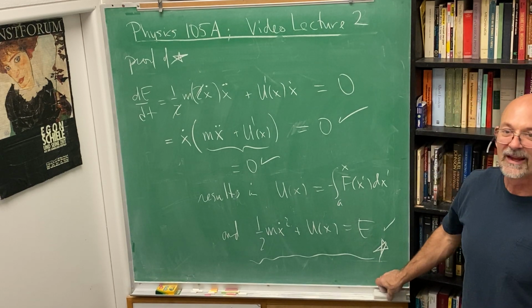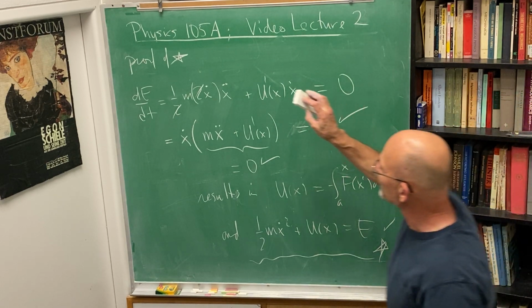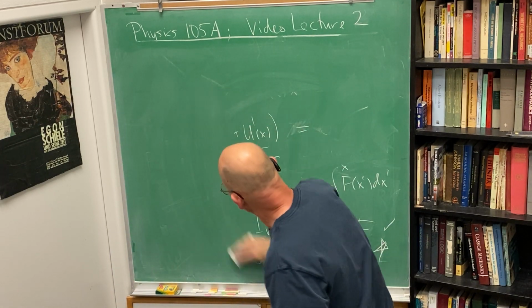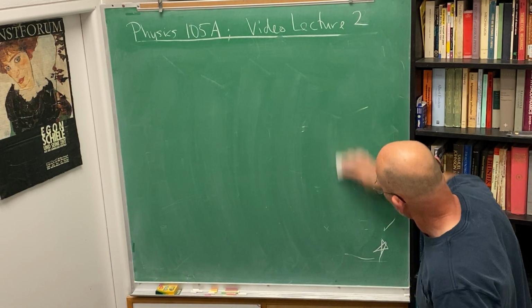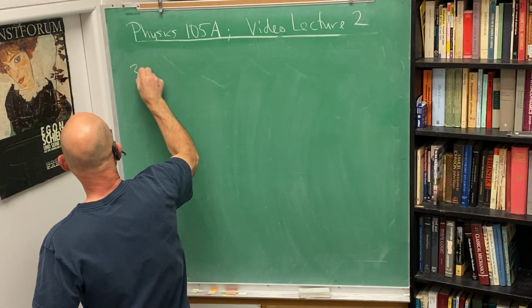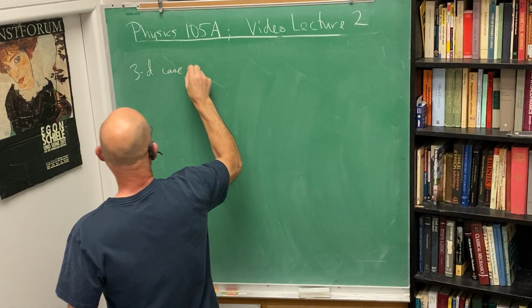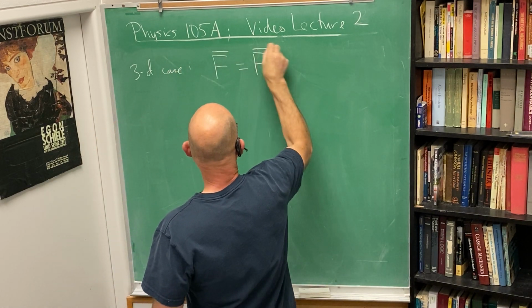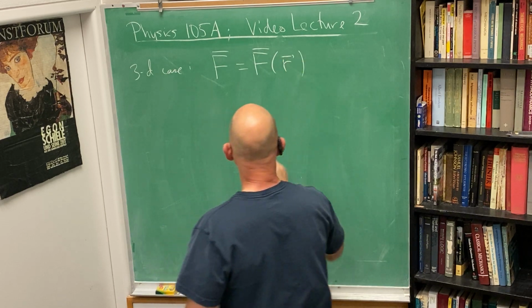Now we have to do the same thing with the 3-dimensional case. It's going to be more interesting, the more conditions put on this. So now the 3D case: force equals a function of position.